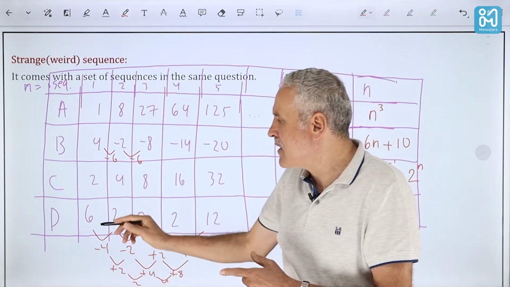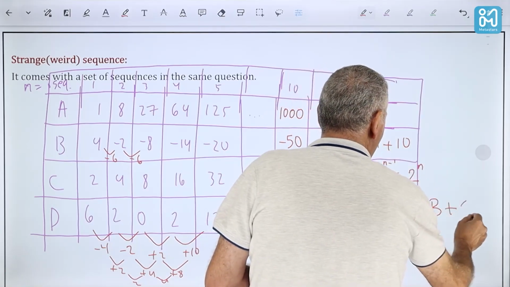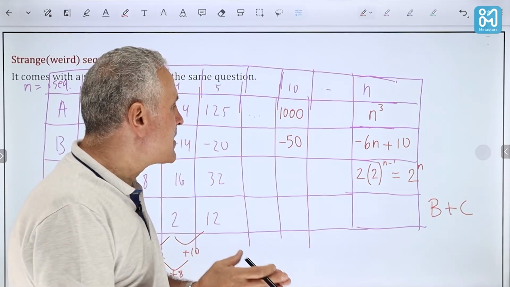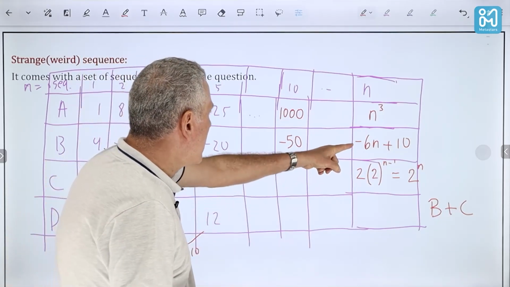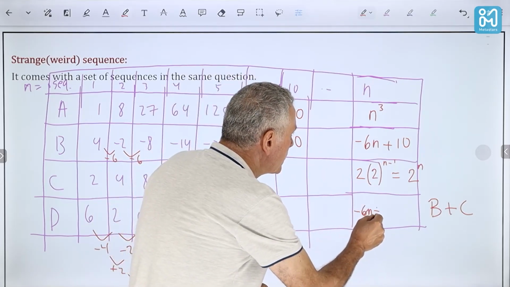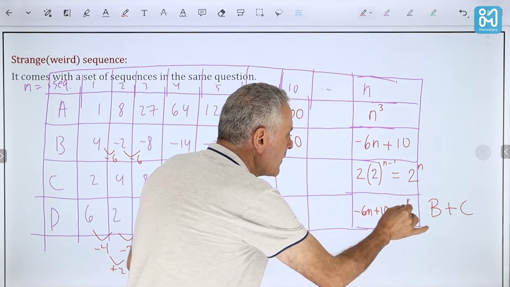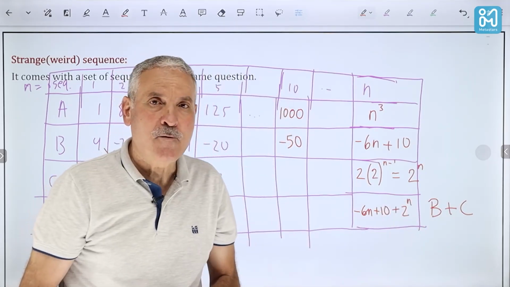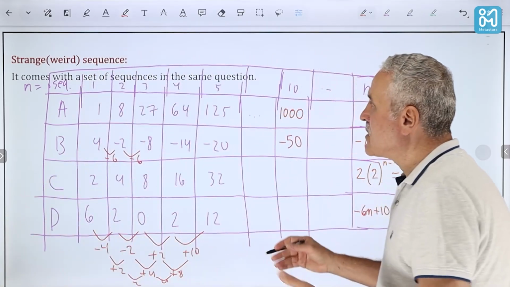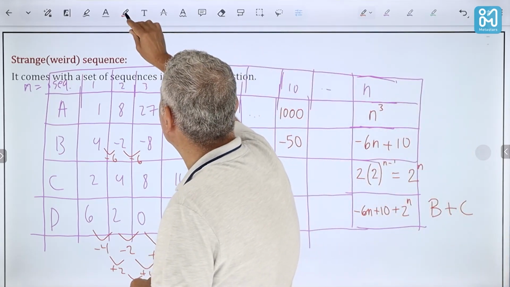So you notice that D is actually B plus C. It's actually made of 2 sequences, B plus C. So you take the nth term of B, negative 6n plus 10, plus 2 to the power of n. That would be the answer for it. It would be very difficult without comparing to the others. So that's the way you would deal with it. Remember that, please, not to lose 2 or 3 marks.